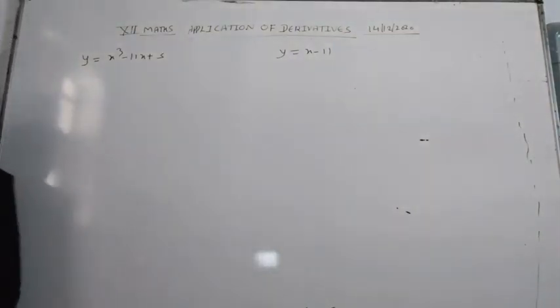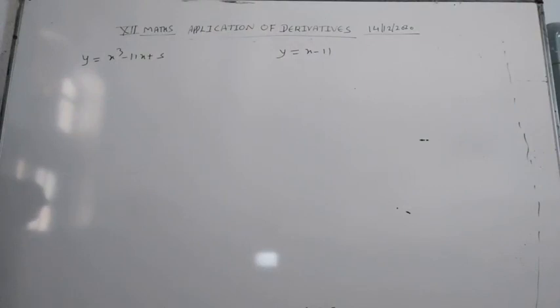So we have to find the point on the curve y is equal to x cube minus 11x plus 5, at which the equation of tangent is this.